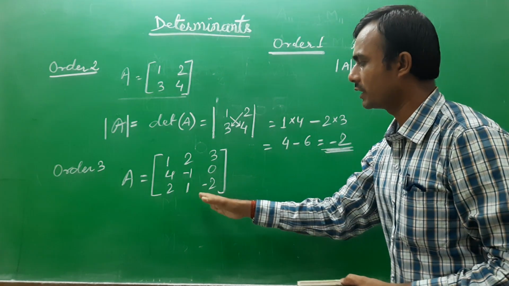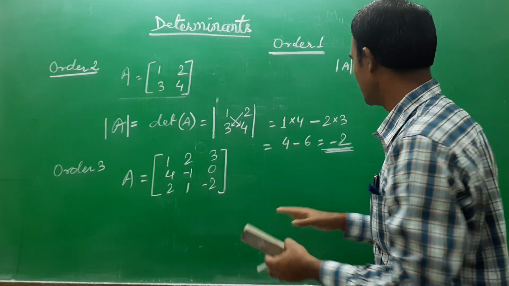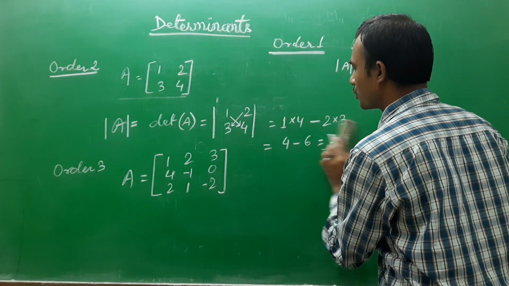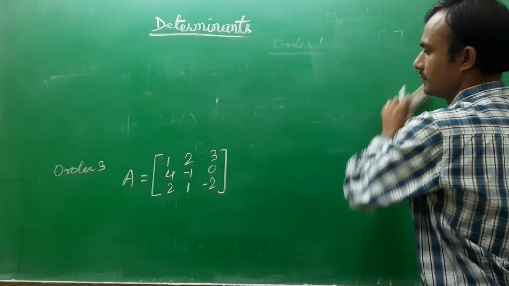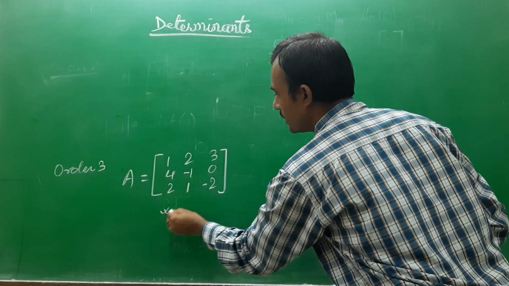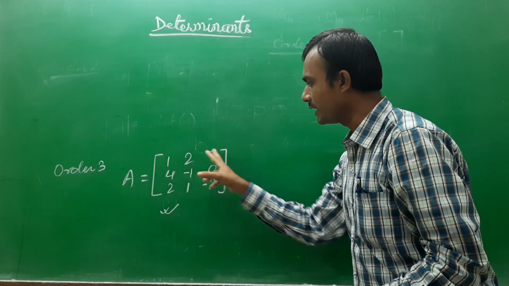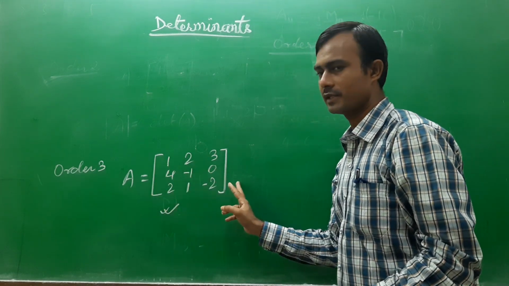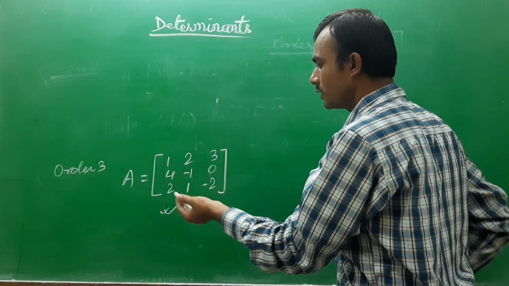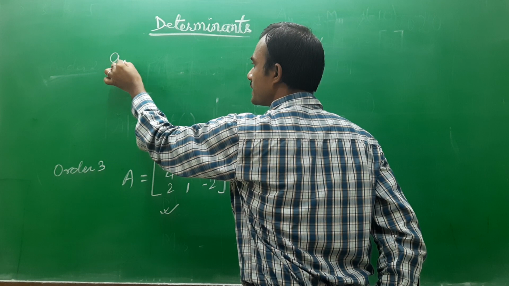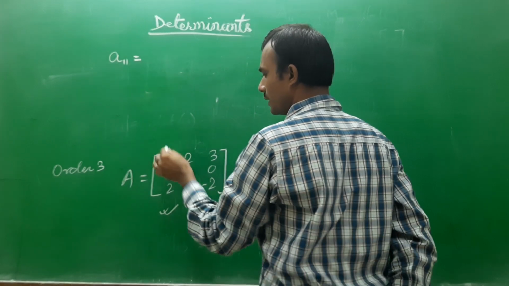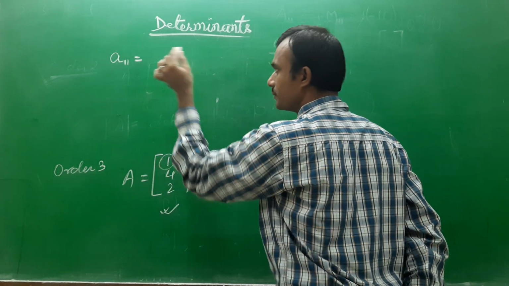Now for order 3 we need to find minors and cofactors. For this example we have a total of 9 elements. Come to the first element, which we write as a11, and it is 1.